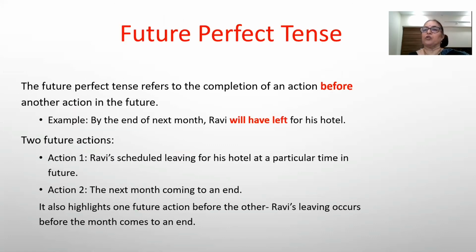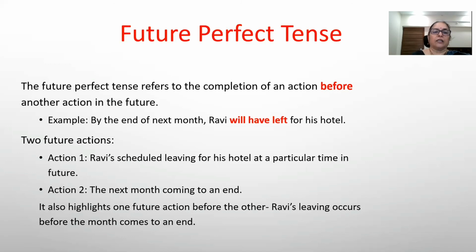Now, next, future perfect tense. Future perfect tense refers to the completion of the action before another action in the future. Okay, by the end of the month, Ravi will have left for his hotel. Now here, two future actions are mentioned. First action is Ravi is scheduled to leave for the hotel at a particular time in future.